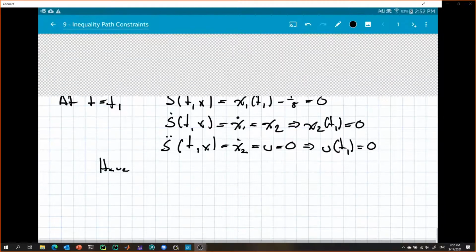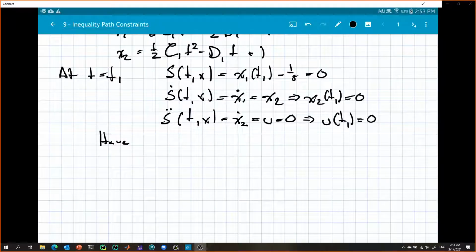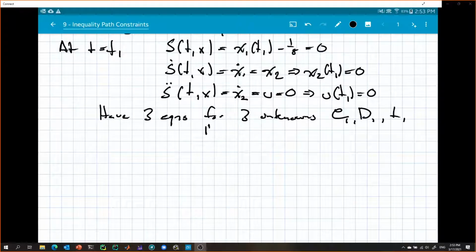So we still have 3 unknowns in our equations here, but then we have 3 equations for 3 unknowns, C1, D1, and T1. And if I'm wrong with these numbers, I'm sorry.